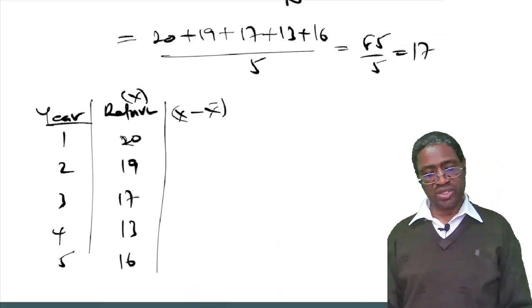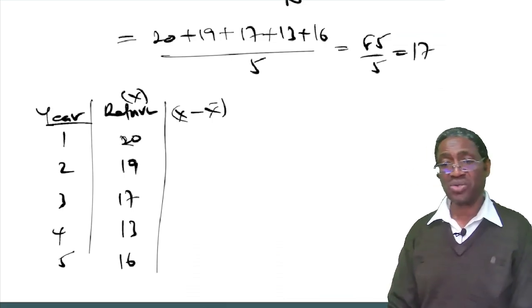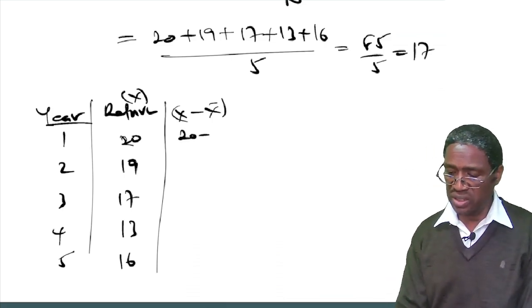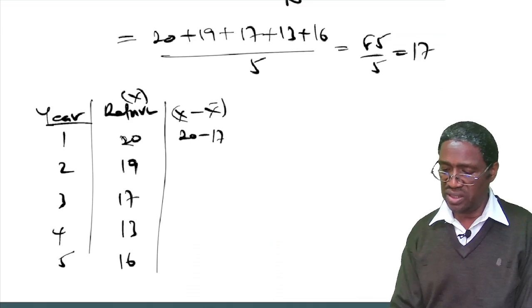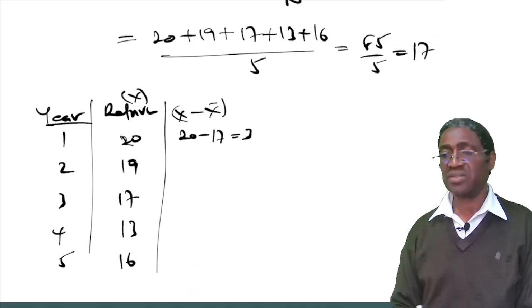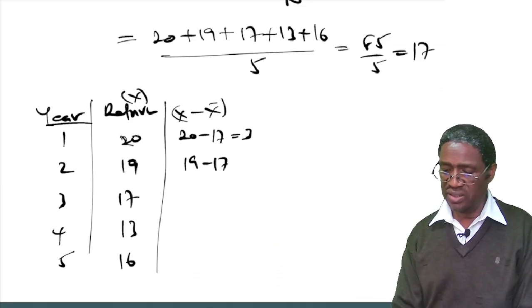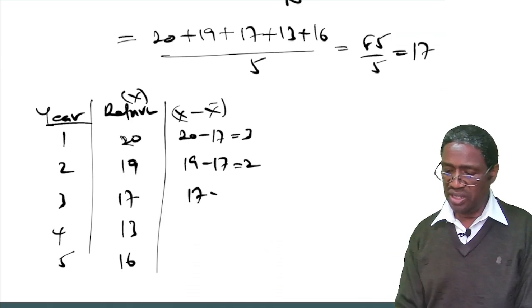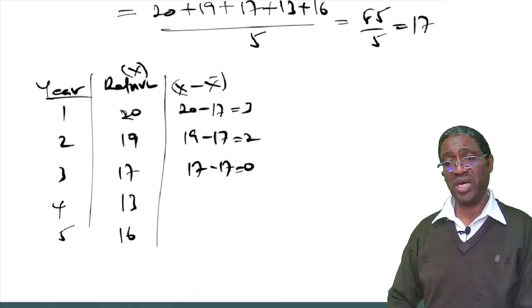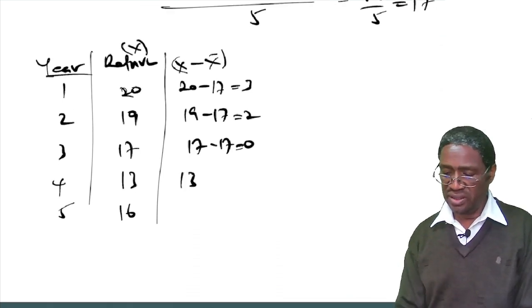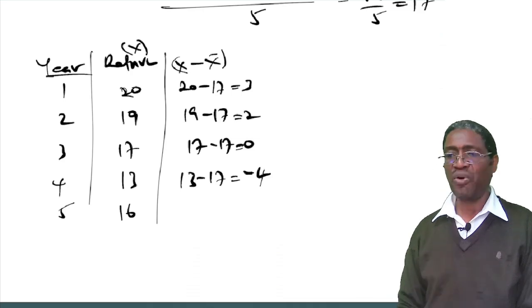X minus x bar. So I can take 20 minus 17, that gives me 3. 19 minus 17, that gives me 2. 17 minus 17, that gives me 0. 13 minus 17, that gives me negative 4.